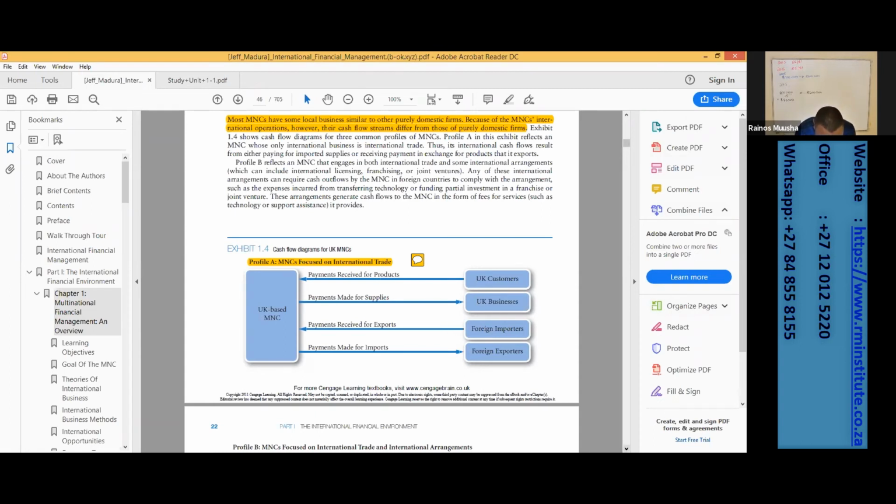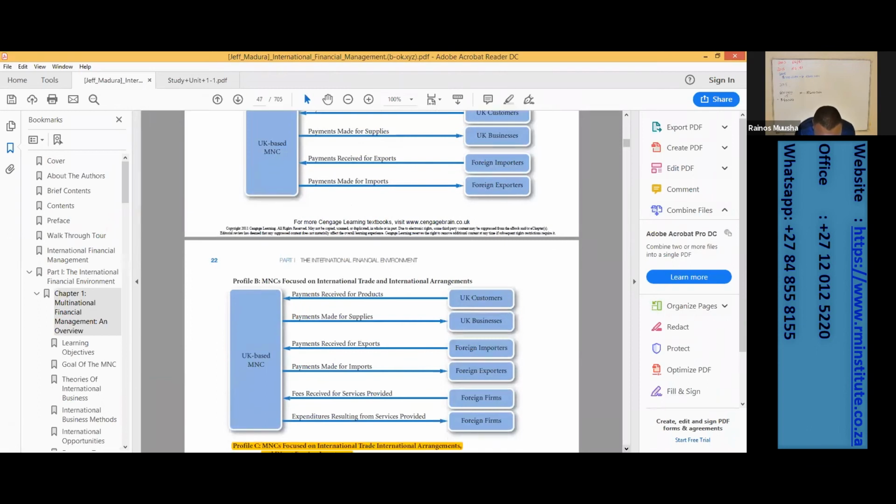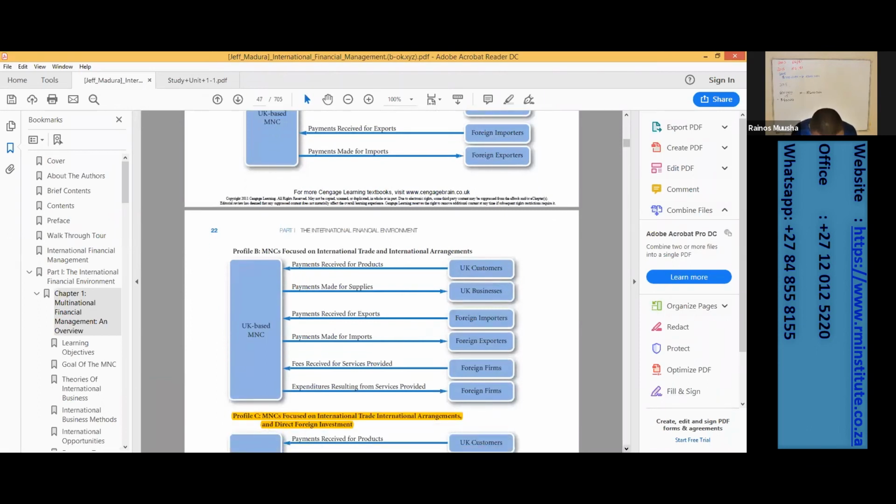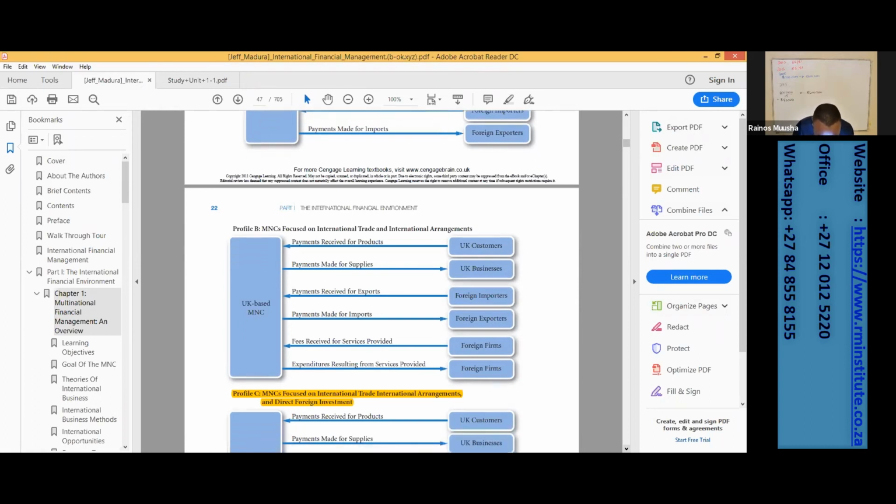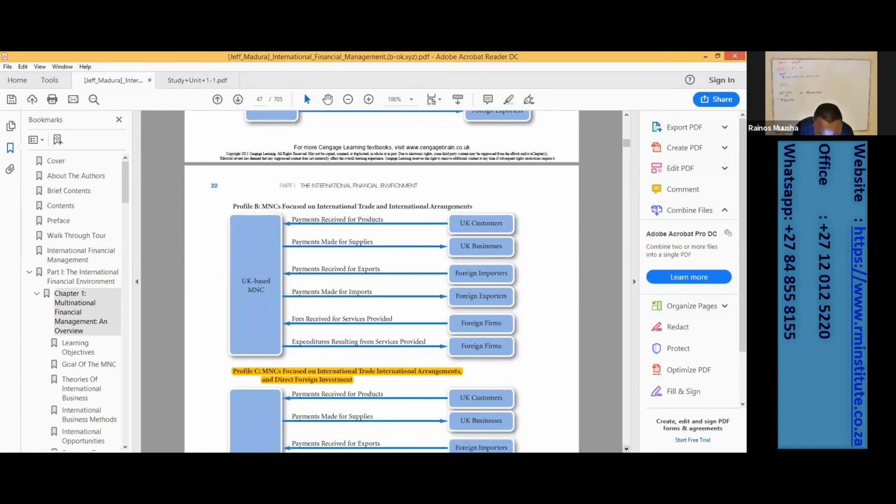Then this becomes a bit wider when it comes to the second diagram, where you look at the multinational company focused on international trade and international arrangements. So now, instead of just doing the basic imports and exports of goods, they are also involved in other international arrangements, where, for example, they are establishing operations, establishing subsidiaries as well.